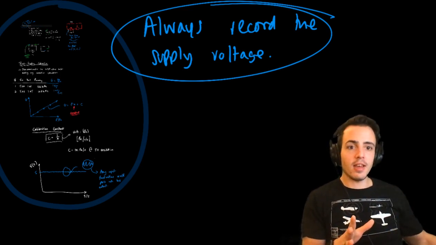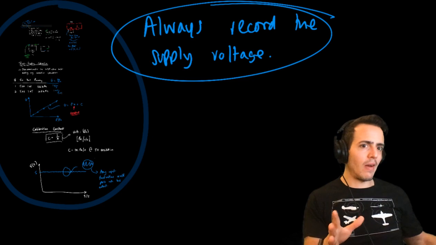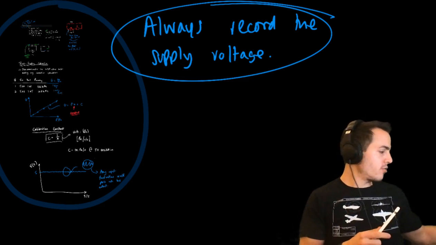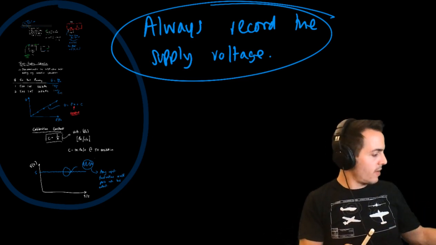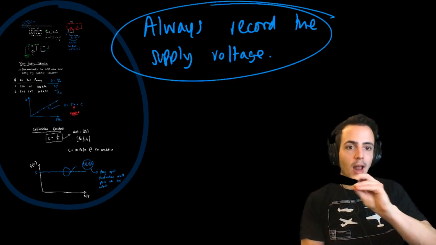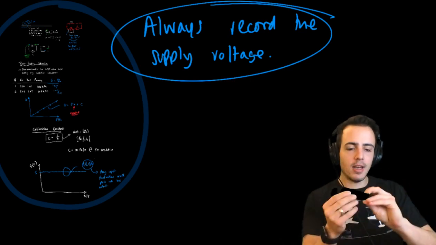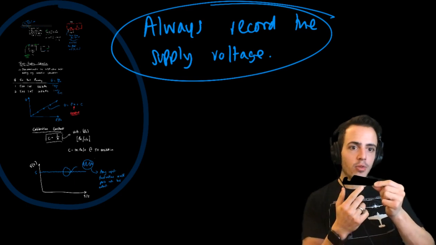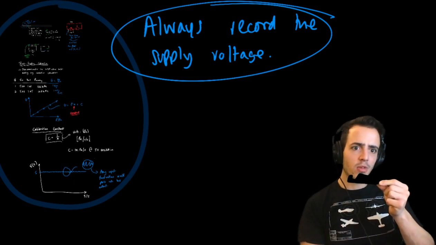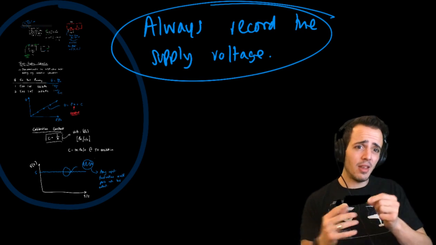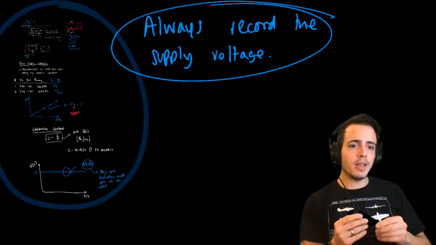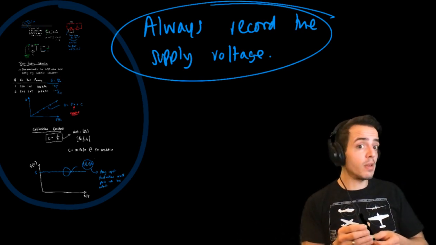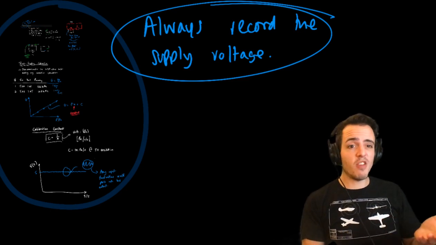Now, this is the thing that undergraduates tend not to be very good at. We think, okay, well, I've got a transducer, I've got a black box. In fact, let's put up something green so that it's not fully black. I've got a transducer and I've put my physical quantity into it. I'm feeding it with the supply voltage. It says to give it 5 volts. I've given it 5 volts, so I can forget about that now. Now, what you think is 5 volts could be 5.01, could be 5.1.